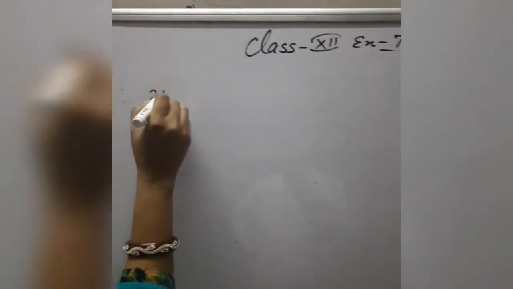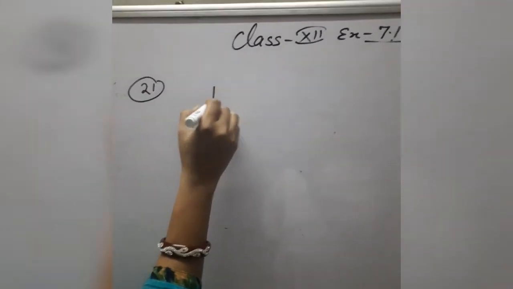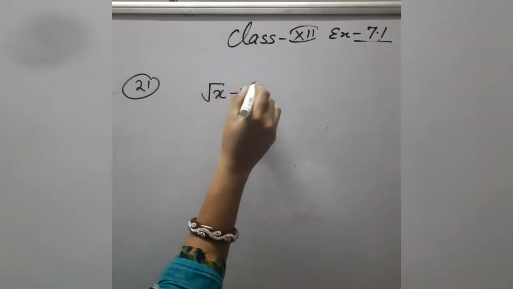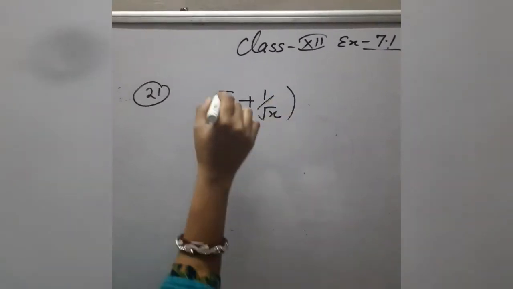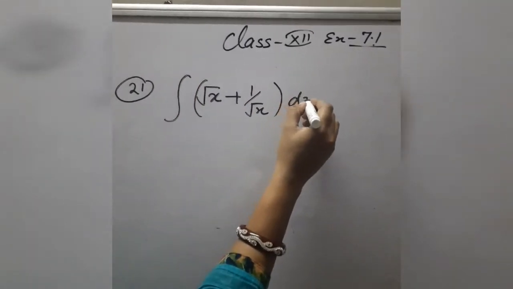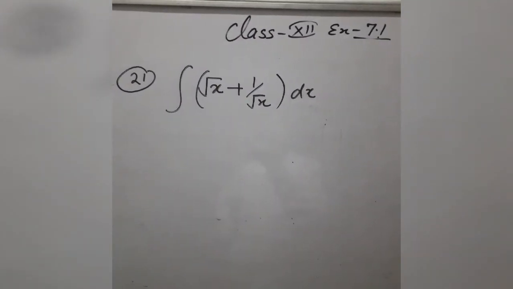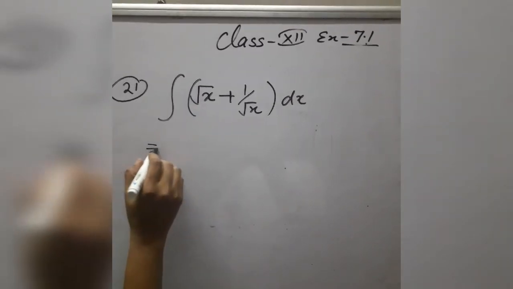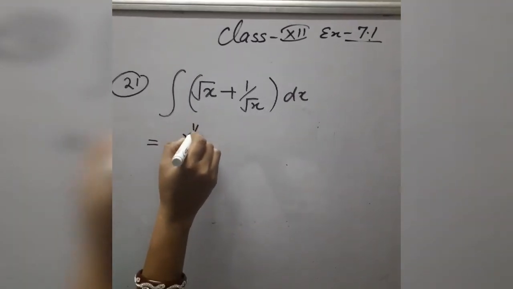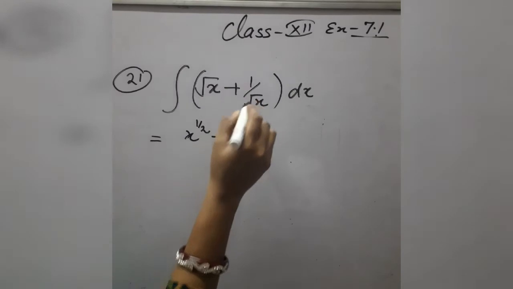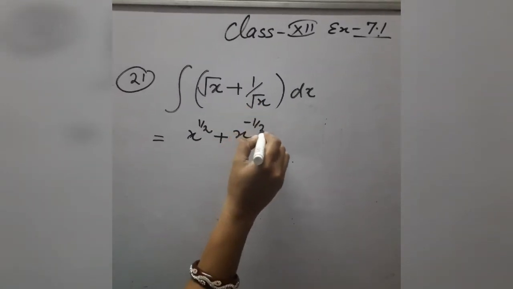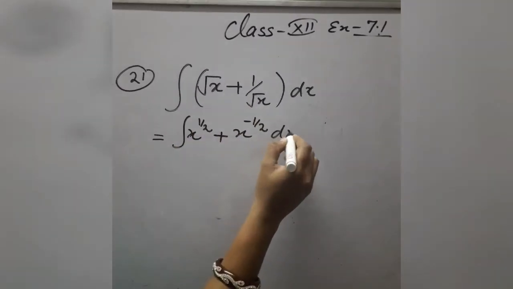In question number 21, find the antiderivative. What is the meaning of antiderivative? Integration. Antiderivative and integration both have the same meaning. So in this sum also we will find out integration of this. This root x can be written as x raised to power half, and 1 by root x can be written as x raised to power minus half.